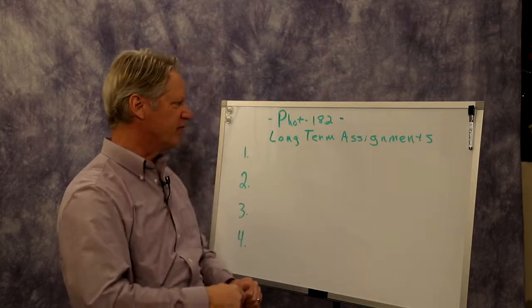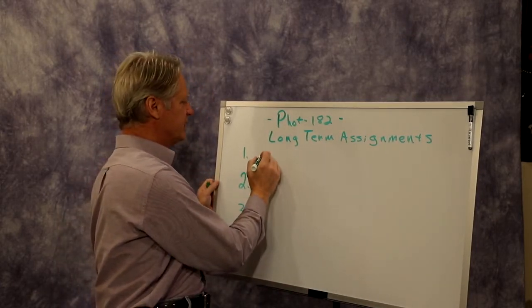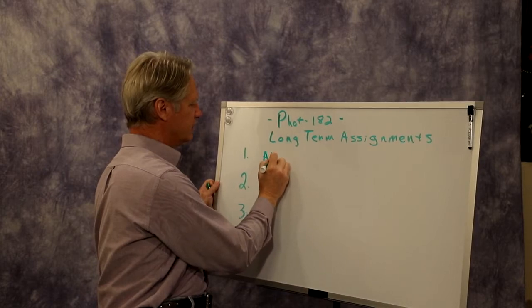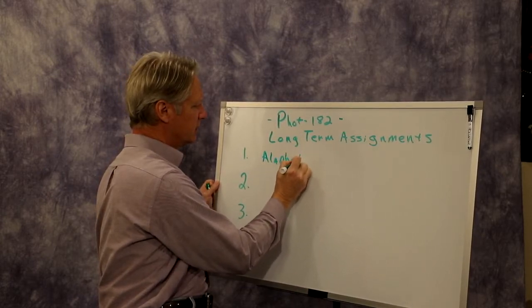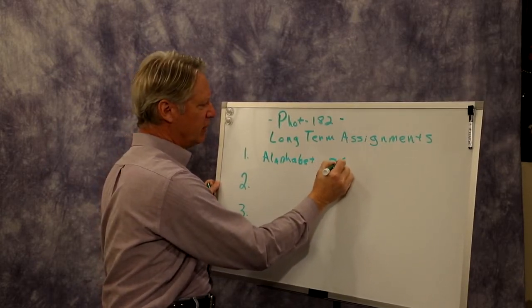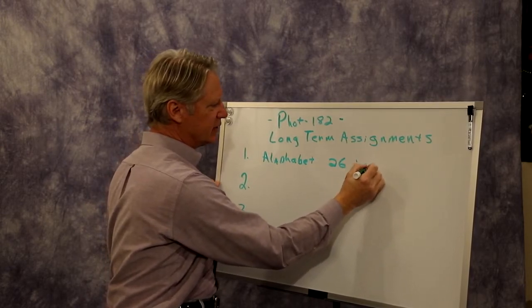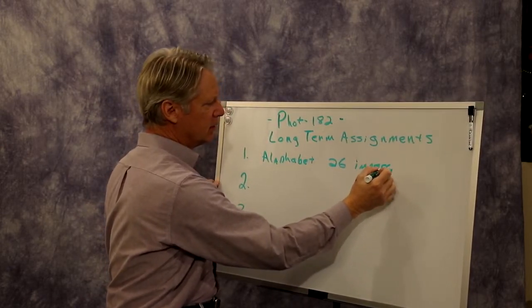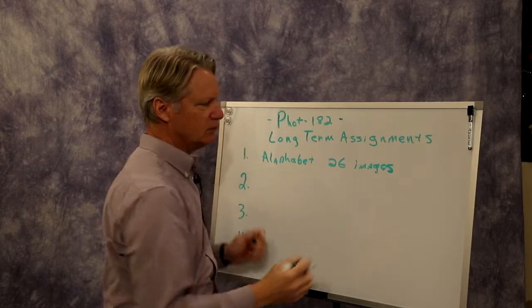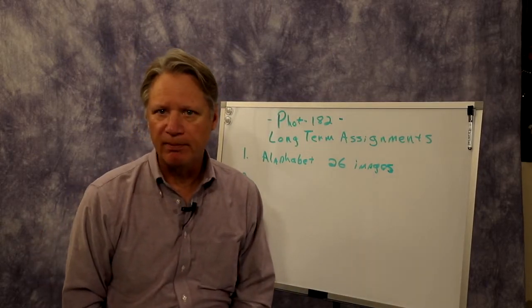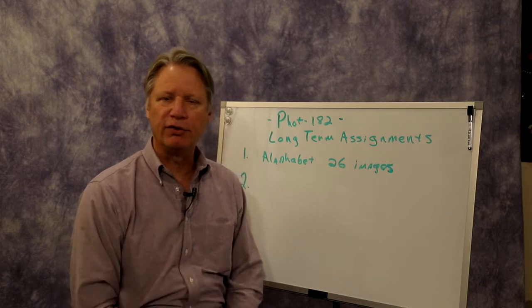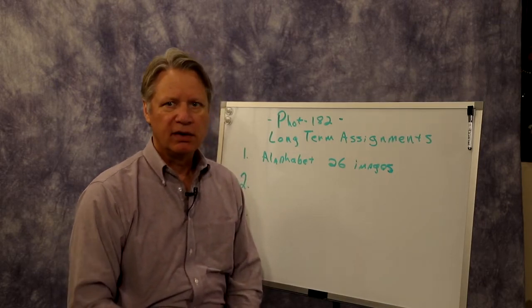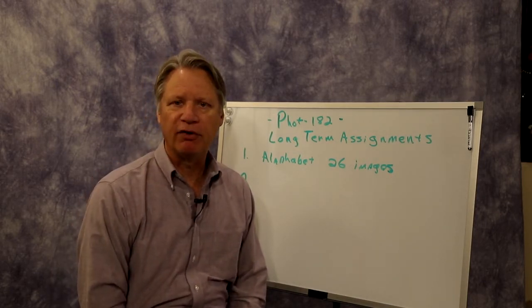And so that's your first part of a long-term assignment, is the alphabet. Obviously 26 images, okay? I suggest you make up a little page or make a little note in your phone or something, and you cross off when you have photographed that letter.